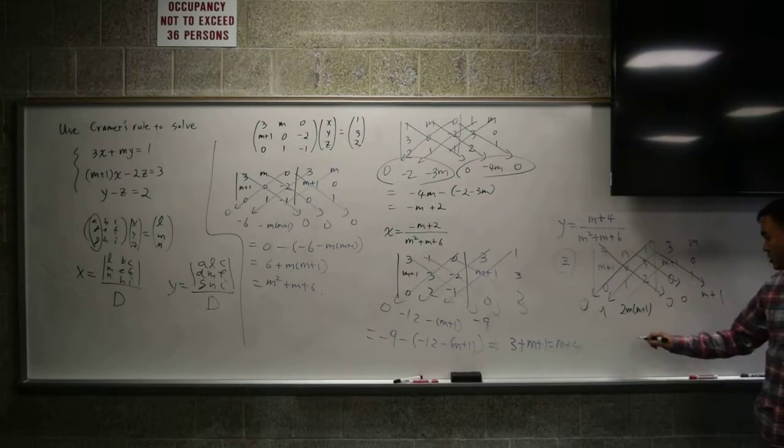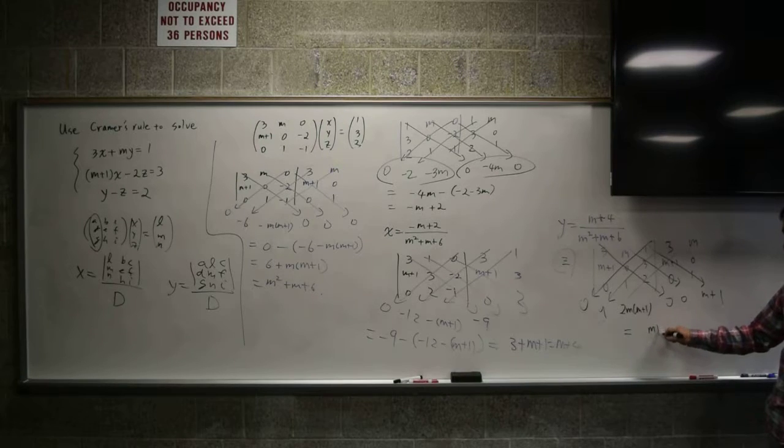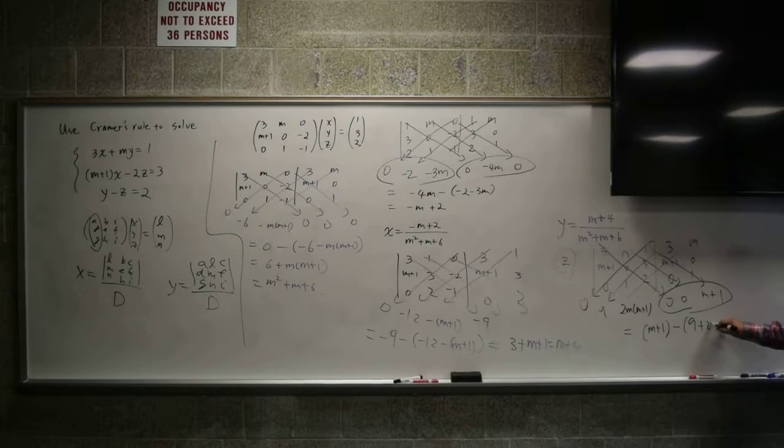And we have to do right minus left, so that's m plus 1, that's the right one, minus 9 plus 2m times m plus 1, which is m plus 1 minus 9 minus 2m squared minus 2m. So if you simplify, you get negative 2m squared minus m minus 8. Therefore, z is negative 2m squared minus m minus 8 over m squared plus m plus 6. So that's how you solve it by Cramer's rule.